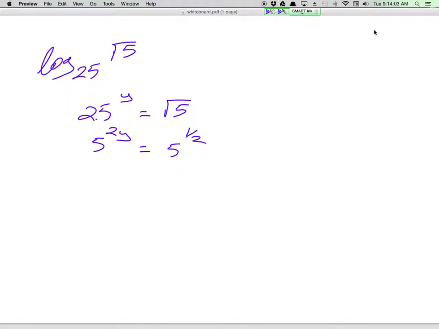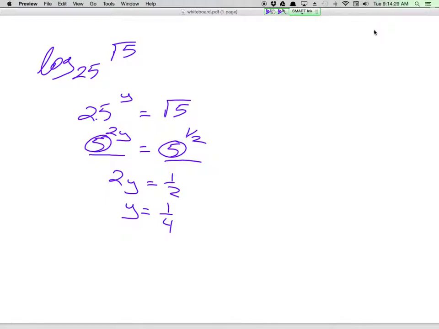If 5 equals 5, then 2y has to equal 1/2. Then I divide by 2, and that gives me the 1/4 that Nick was talking about. Half of a half.